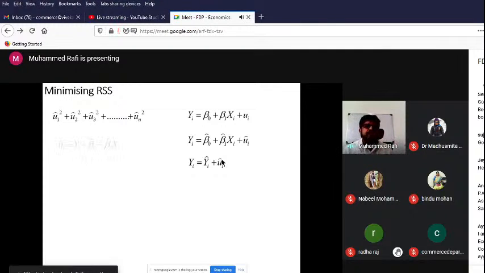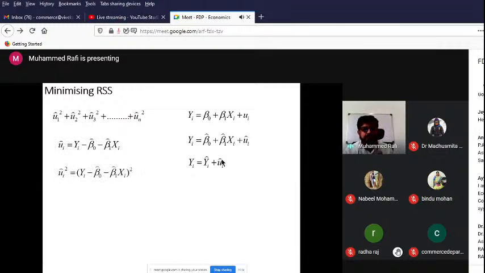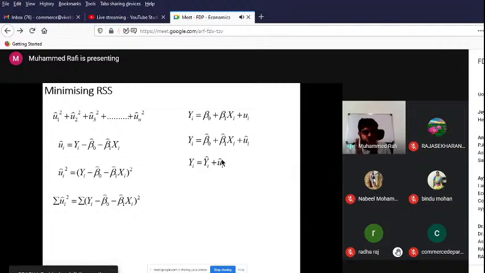You square them and you take the sum of the square of the residual. So when you take the square of the residual, you deduct yi cap from yi, that is ui, then you take the square of it for all the 14 observations here, and take the sum of it. Now, the ordinary least square method is introduced by minimizing the residual sum of square.